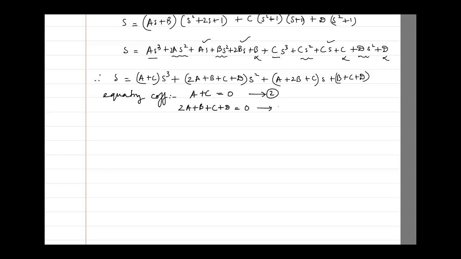This is the third equation. The fourth equation is a plus 2b plus c is equal to 1. The last is b plus c plus d is equal to 0.